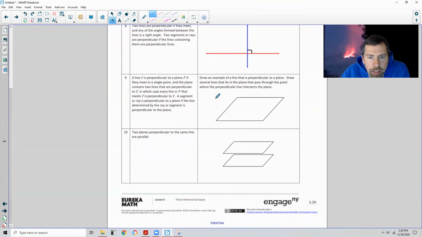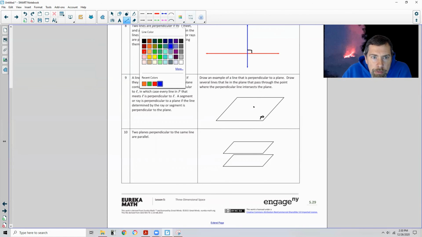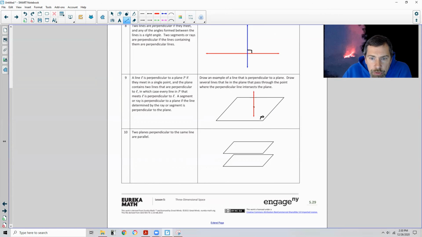Number 9. A line L is perpendicular to a plane P if they meet in a single point. Okay, so we're going to draw a line perpendicular to a plane P. So here's plane P. Here's a point. I'm going to draw a line through it that's perpendicular, straight up and down like so.